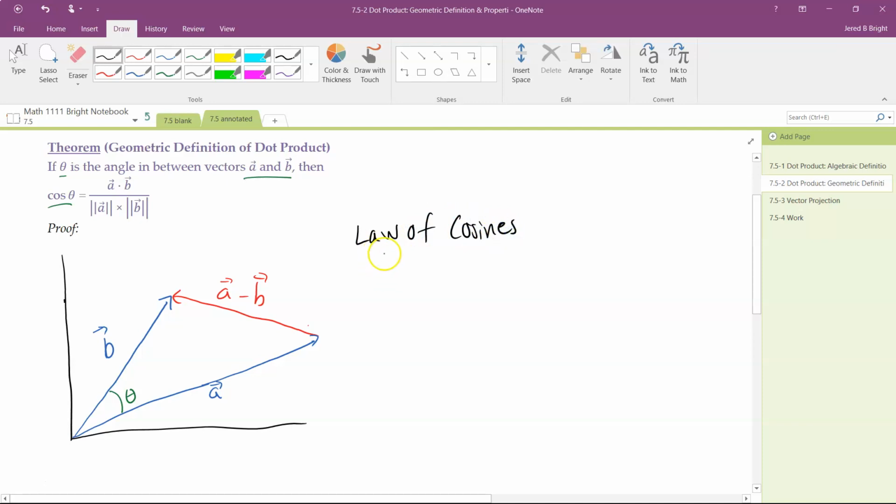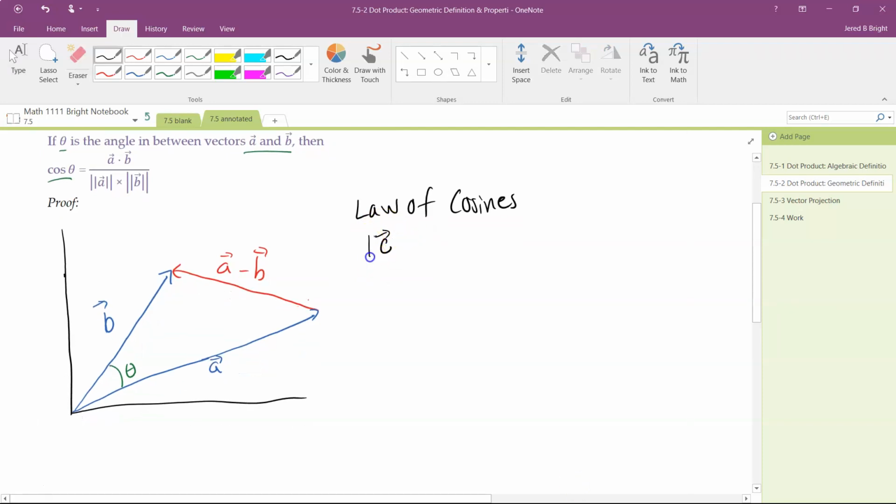Just as a reminder, this would be something like c squared, technically the length of this vector c, is equal to the length of vector A squared plus the length of vector B squared minus 2 times the length of A, the length of B, cosine of the included angle. And so I'm using c as the same thing as a plus b, or a minus b.